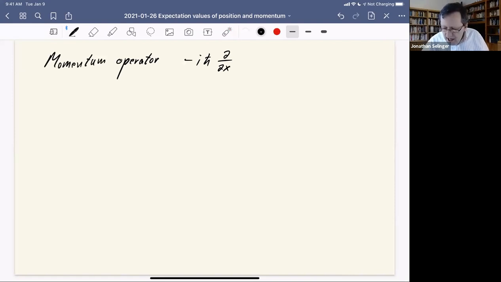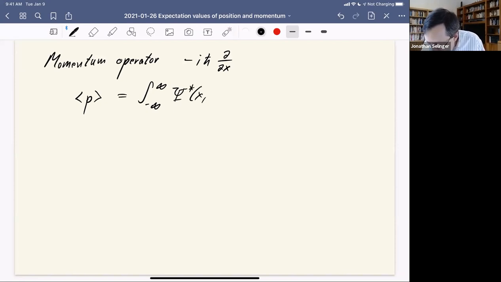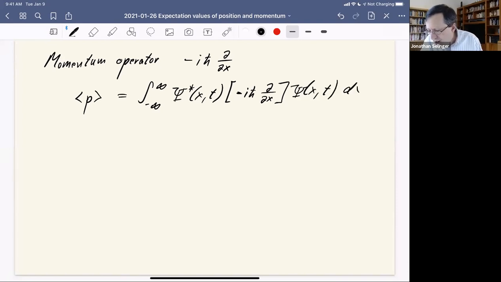Okay. And if we want the average momentum, we follow the same rule as for the average position. That is, we make this integral sandwich: psi star times the momentum operator, minus i h bar d by dx, times psi of x and t, integrated over x.